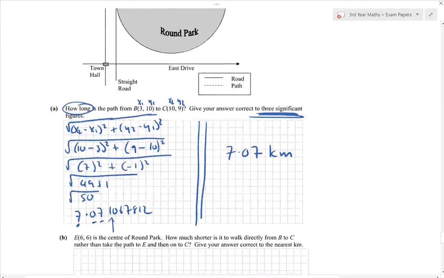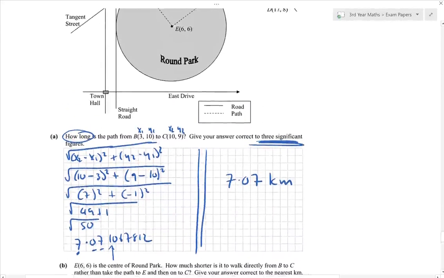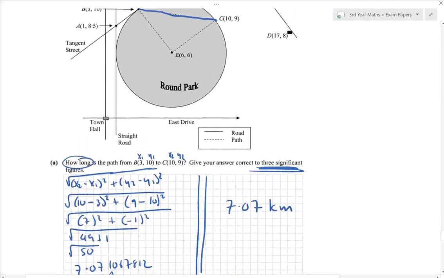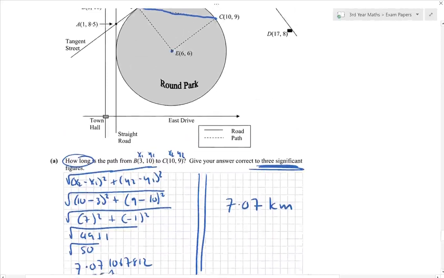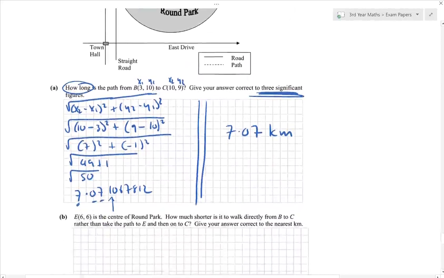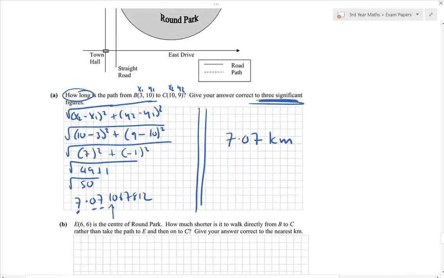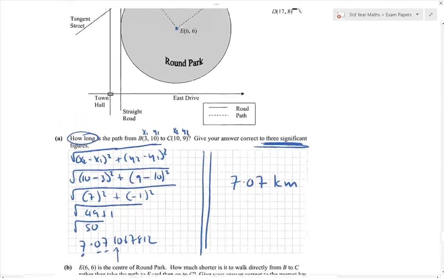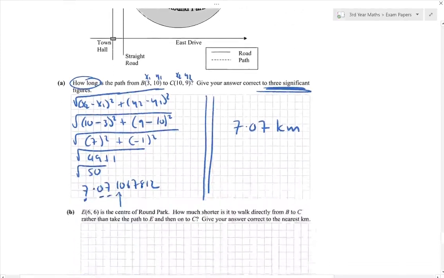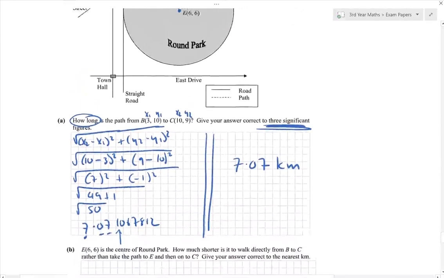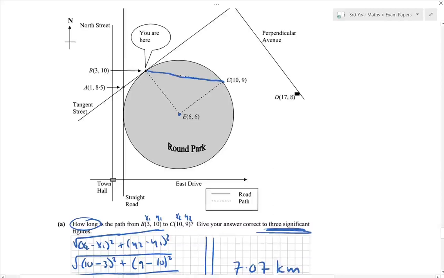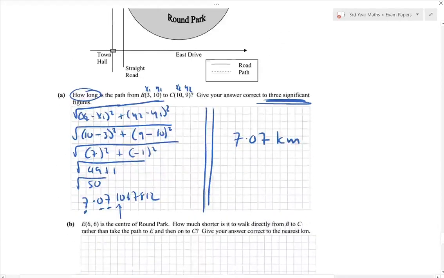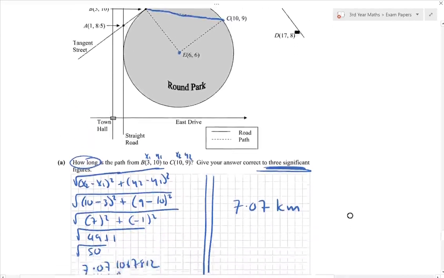Right, the next part of the question says E is the center of Round Park. Okay. How much shorter is it to walk directly from B to C rather than take the path to E and then on to C?